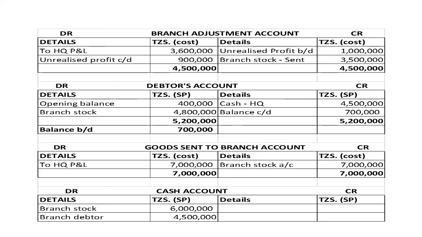So this gives us the same 3,600,000, the profit made by the branch.